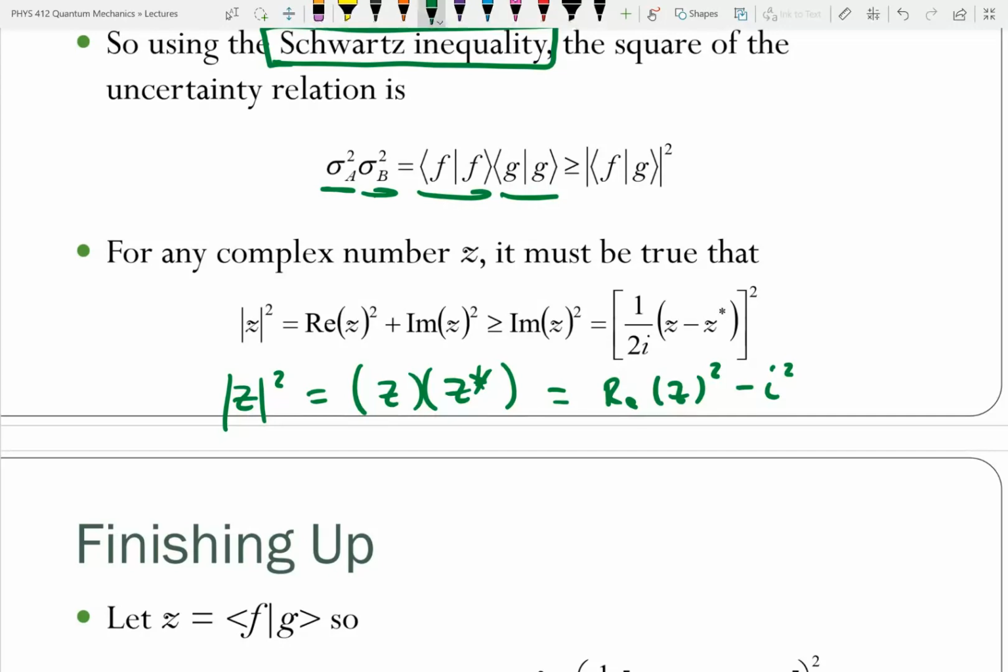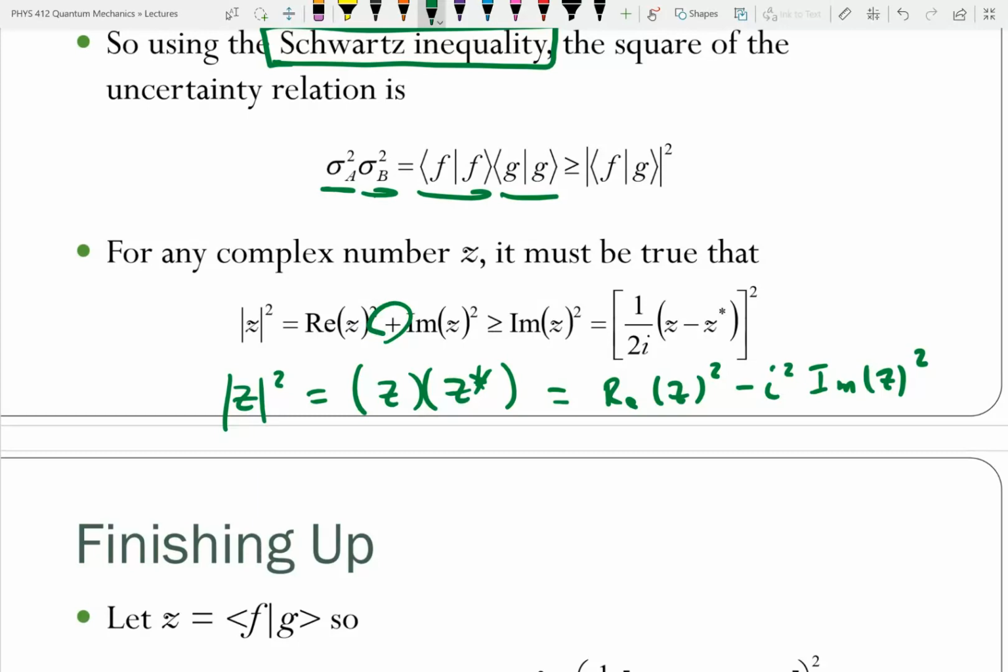Yeah, it is minus I squared times the imaginary part of Z squared. That's being real technical. But of course, minus I squared is plus. And so that's why there's a plus there.